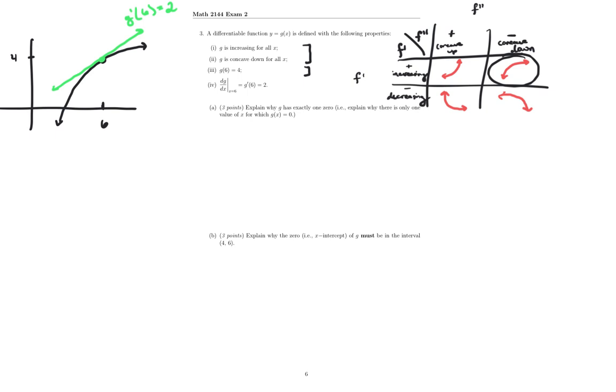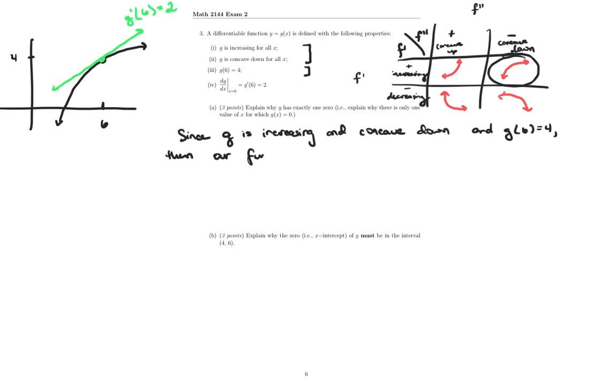Okay, so since g is increasing and concave down, and g of 6 is equal to 4, then our function will never cross the x-axis to the right of x equals 6, right?